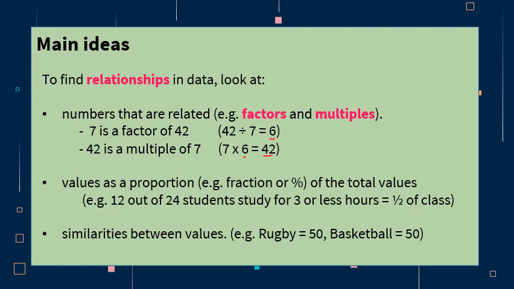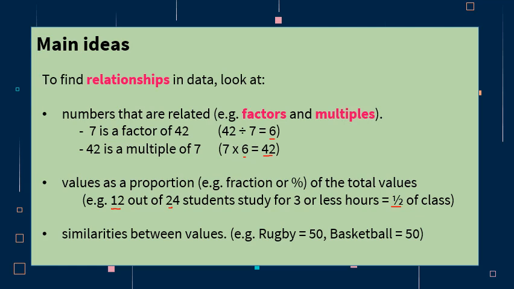Then you can look at a single value, or you can combine values to make them a proportion of that total value. So for example, 12 out of 24 students study for 3 or less hours. 12 is half of 24, so it represents half of the class. So we can say half of the class study for 3 or less hours.